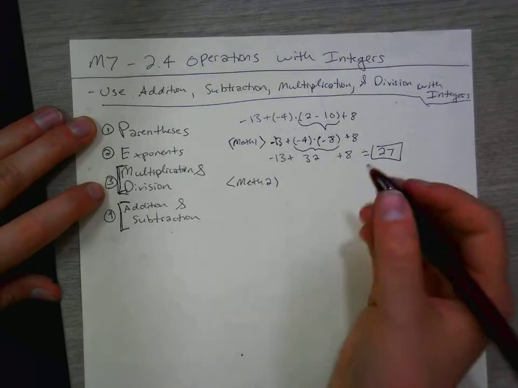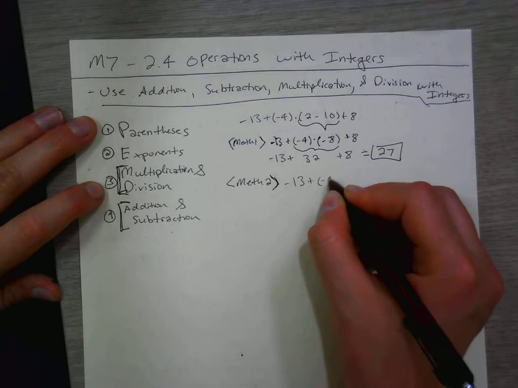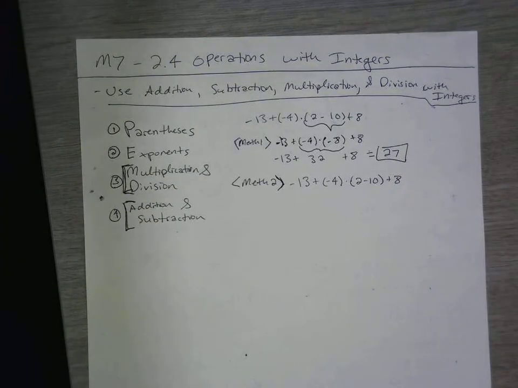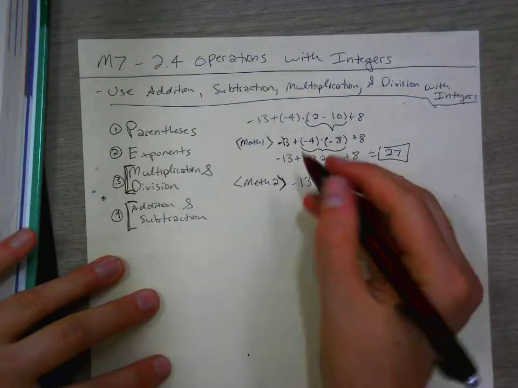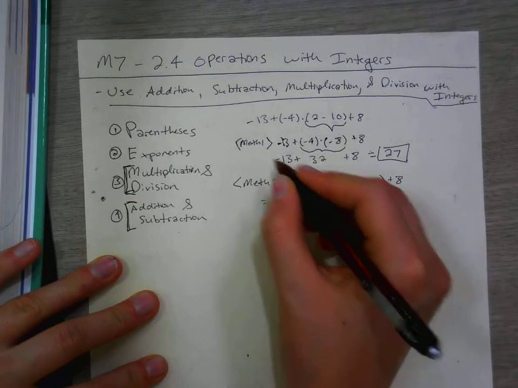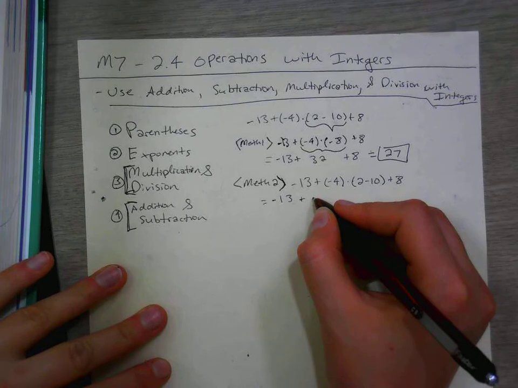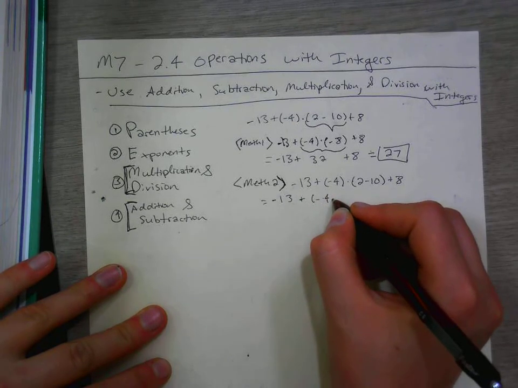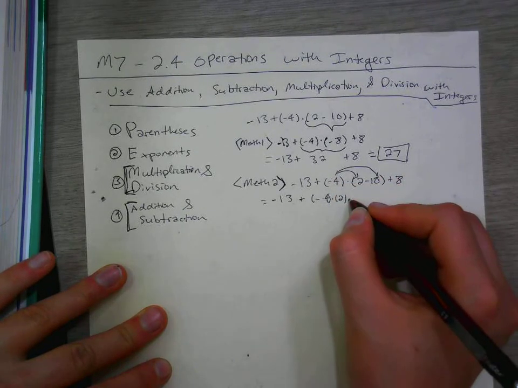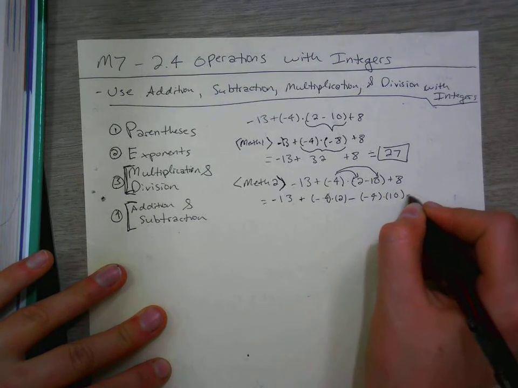Method 2 is we use the distributive property first. So if we have -13 plus -4 times 2 minus 10 plus 8, and we want to distribute, this is equal to -13 plus -4 times 2, because we distributed it here, then we distribute it here, minus -4 times 10 plus 8.